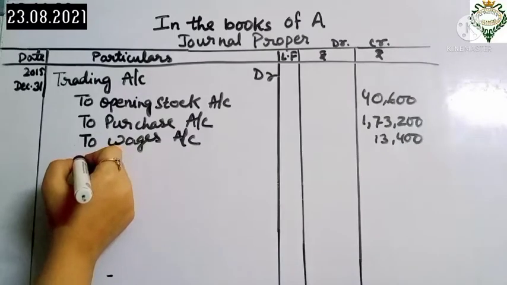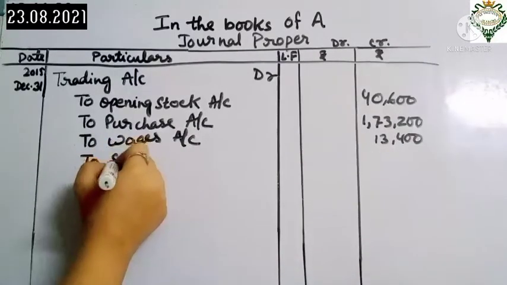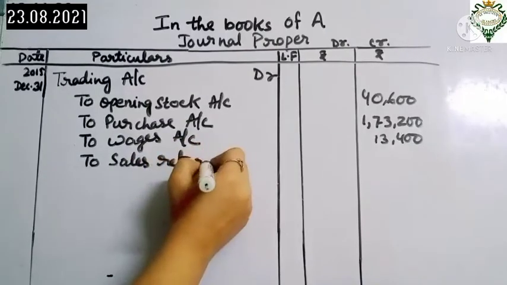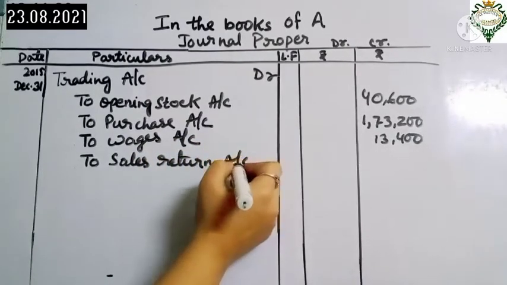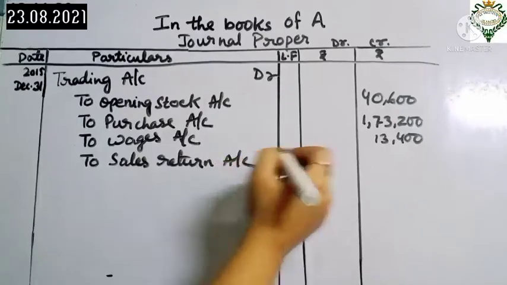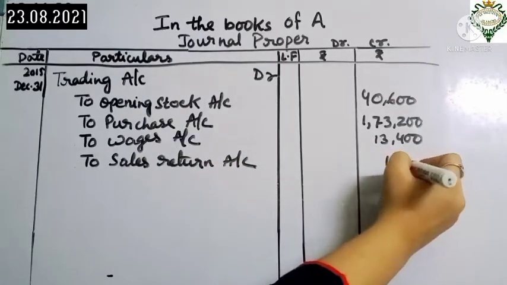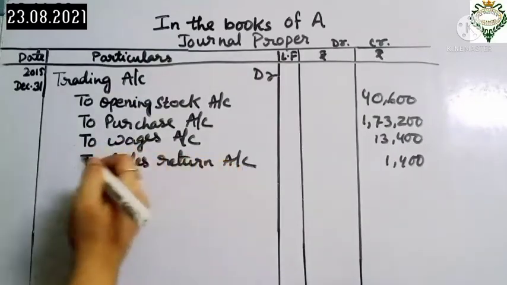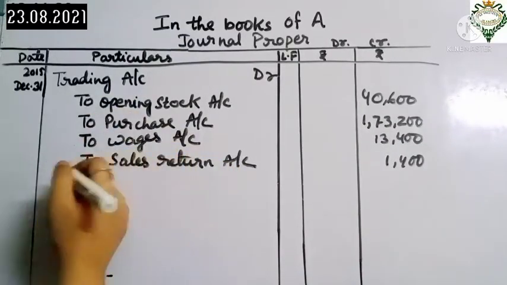And then come to sales return account, and that amounts to 1,400. That is also a loss for the company, so it goes out.